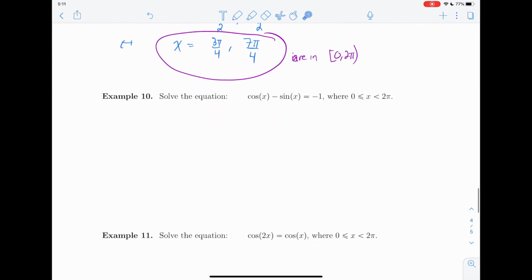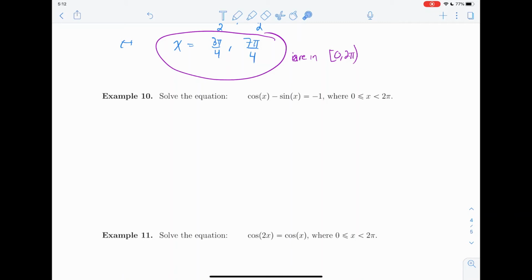So what about this next example? We have cosine of x minus sine of x is equal to negative 1. Again, I encourage you to pause here and tinker with this equation to the best of your ability. Your first inclination should be to move this negative 1 to the other side, and then maybe try to swap out the sines for cosines.